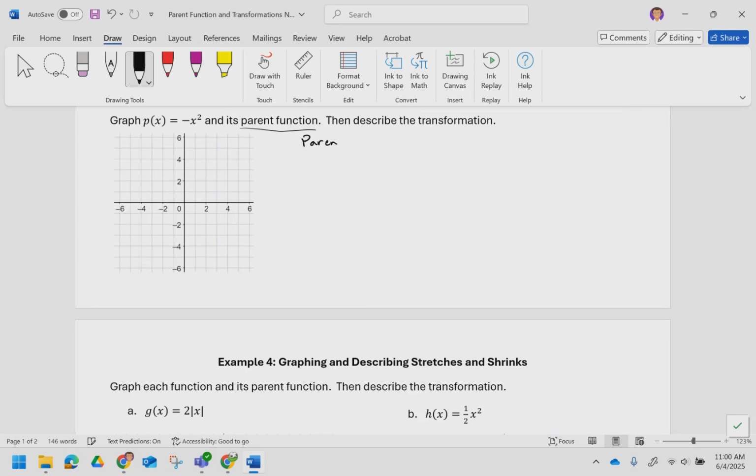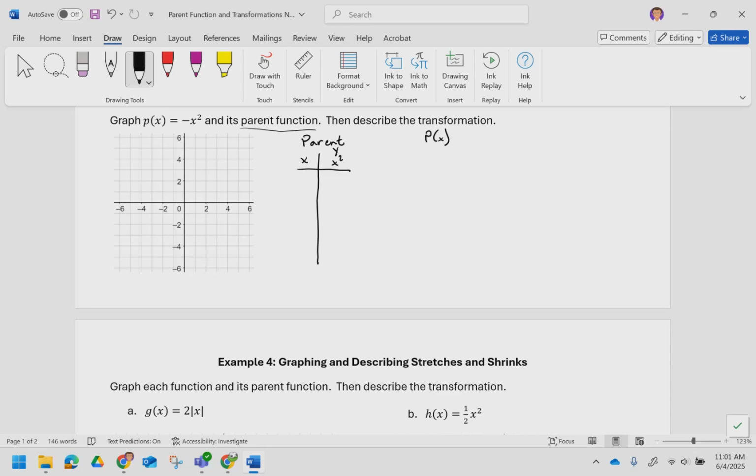So in order to graph this, I'm going to create one table for the parent and one for p of x. So we're going to have x, y. And in fact, let's simplify that. Our y values are essentially coming from just x squared.